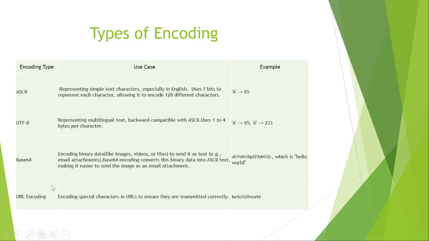Okay. Now let's go to URL encoding. As the name suggests, it is used to encode the URL, which I have already explained in the beginning, so that people will not understand what my URL basically does.